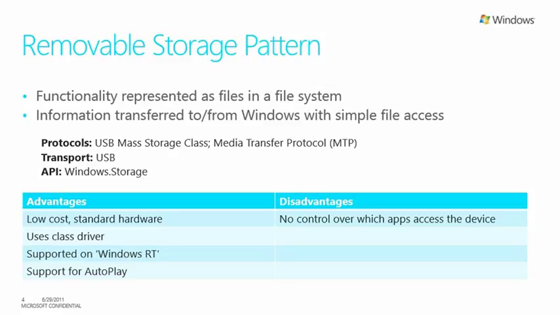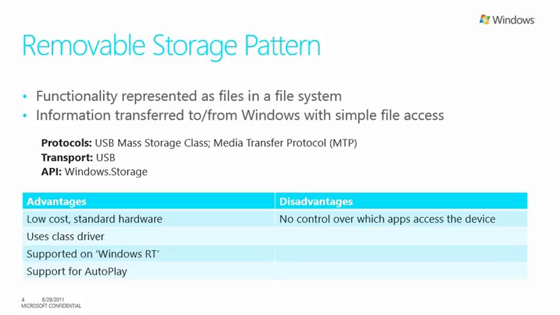The transport we're focusing on here is USB, and the API that you would use to access these devices would be Windows.Storage. Some of the advantages of using this pattern: if you have a low-cost device and you want to access it with a modern or a companion app, it's based on standard hardware that you can get off the shelves today.